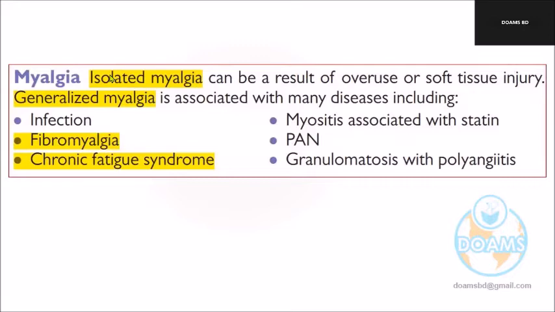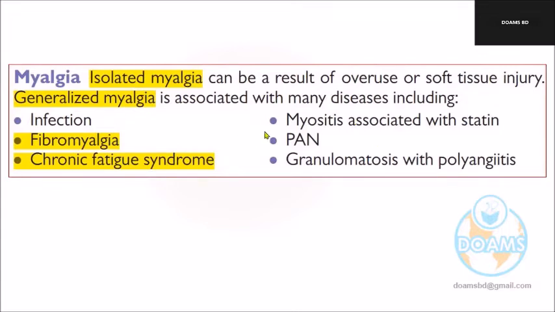Myalgia, a very critical presentation sometimes. If the patient has fibromyalgia, it is very common in the exam. Okay, so it's a muscle pain, fibromyalgia, chronic fatigue syndrome. Whenever you go through the fibromyalgia and chronic fatigue syndrome, try to identify this. There are some differential diagnoses. These are the differential diagnoses of the generalized myalgia.